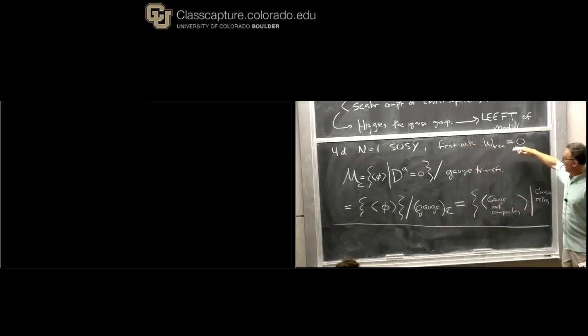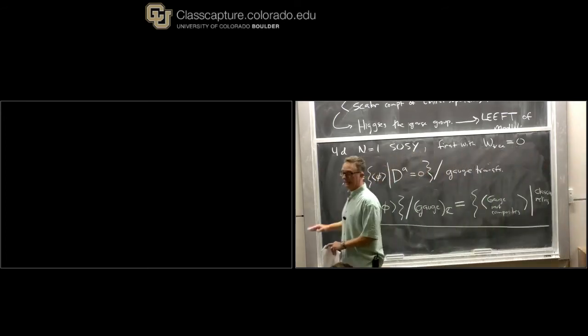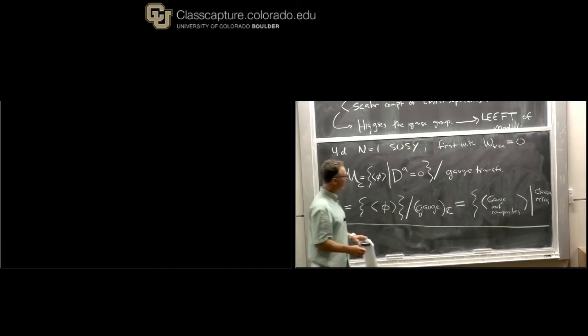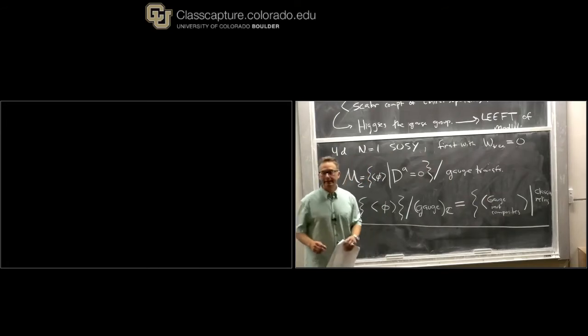To begin with, I'm considering the case where we turn off this tree-level superpotential. Then we typically get these moduli spaces of vacua, and then we can ask what happens when we turn on the tree-level superpotential and how that affects it. And then we have to impose, indeed, the F-term conditions for this superpotential. Yes, thank you. So these are complex spaces.